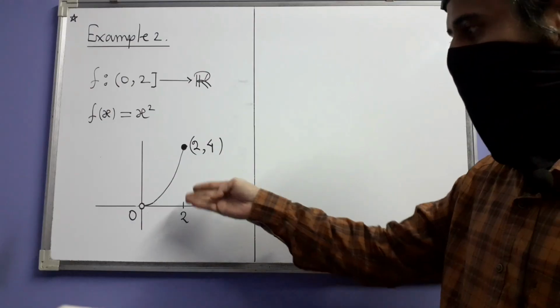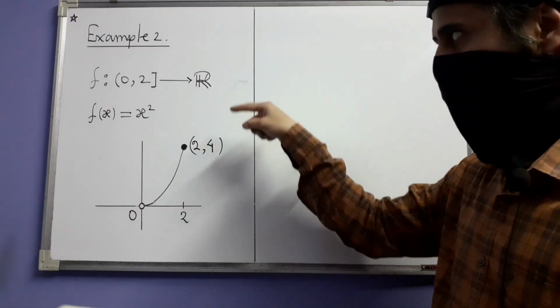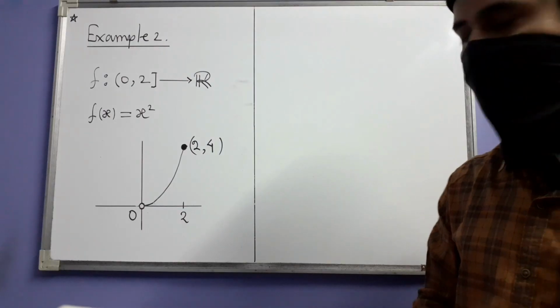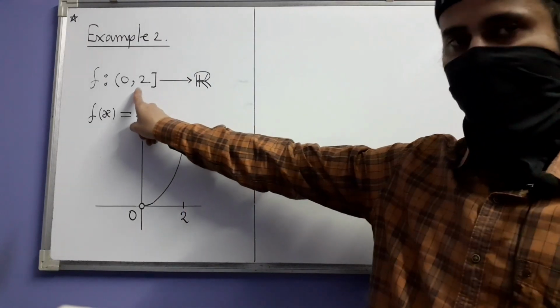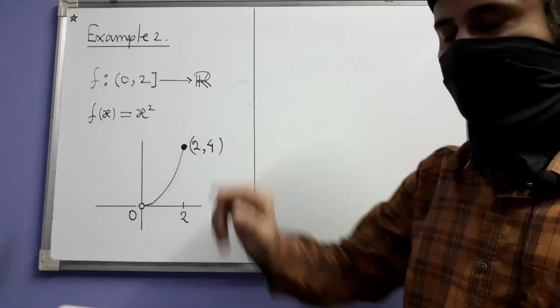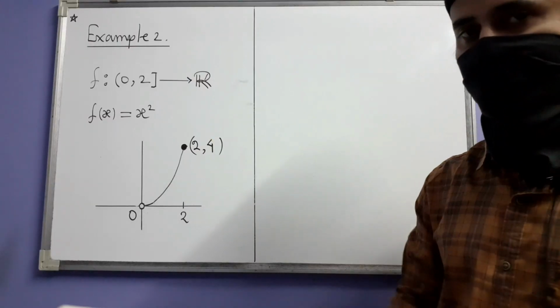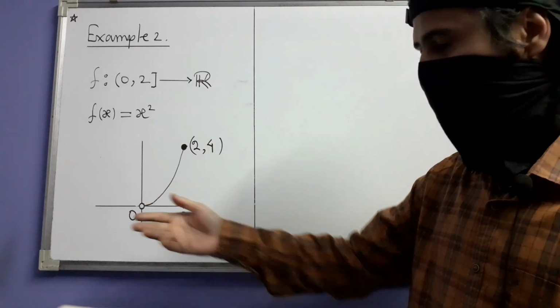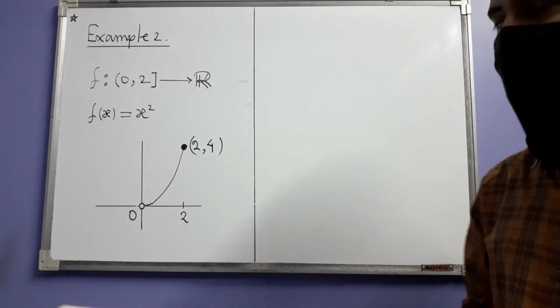So you can see that everything has changed. For this function, there is an absolute maximum at the point 2. 2 is a point in the domain because it is closed on this side, and the maximum value is 4. However, there is no absolute minimum. That 0 is no longer present.